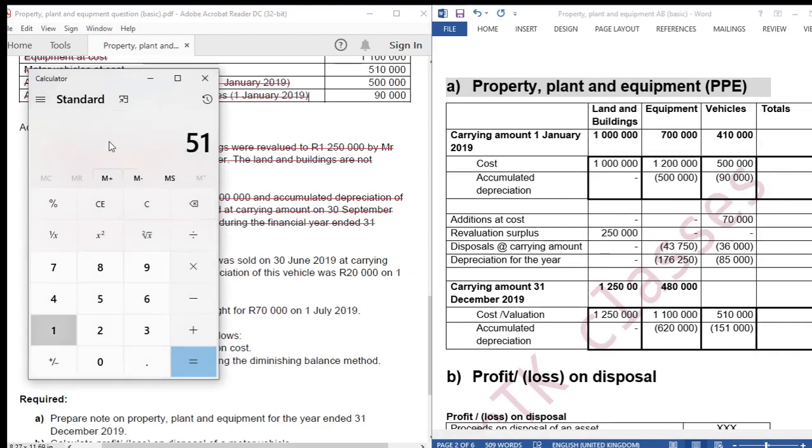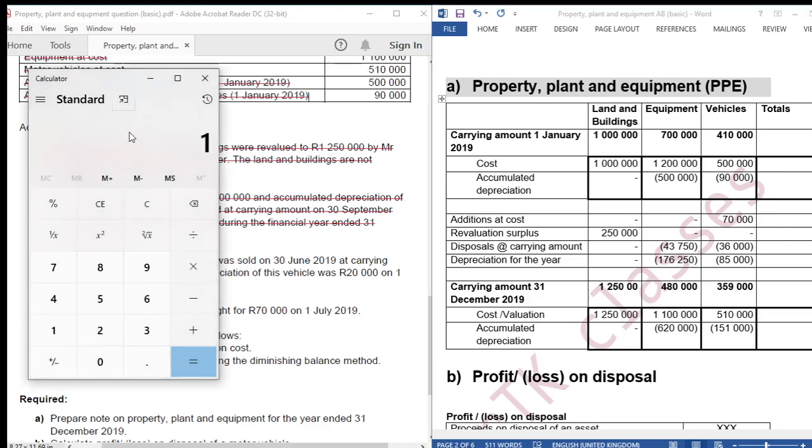So we are going to say 510,000 subtract 151,000. That's 359,000. All right. So this is our total column.